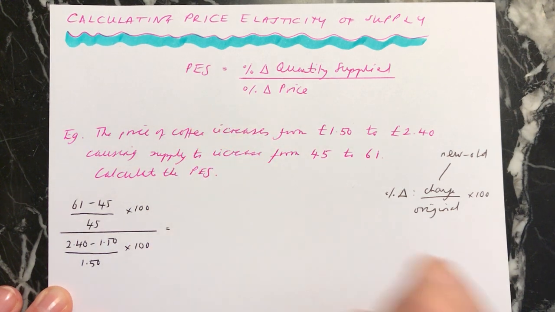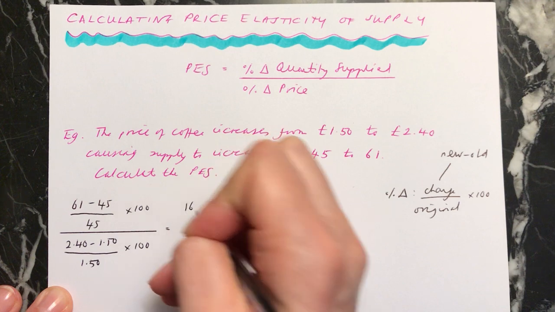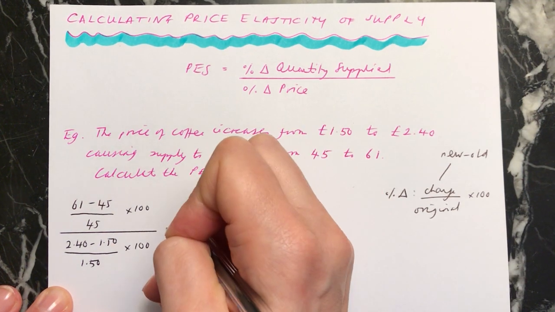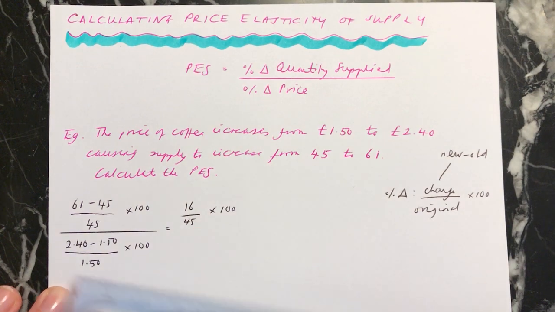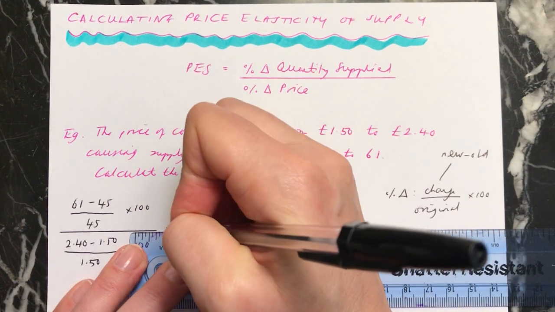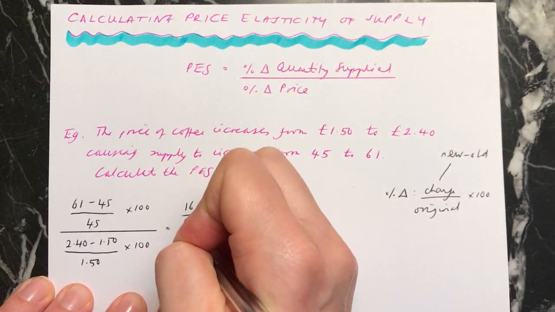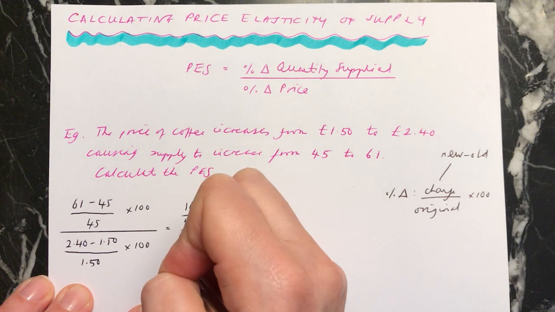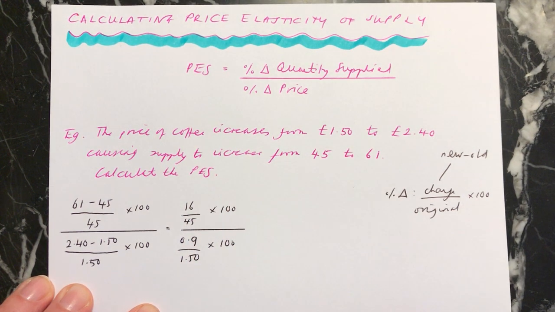And then if we work this out, this works out as 16 divided by 45 times 100, and the bottom line, when you work out your change, your new minus your old, that's 0.9 divided by the original, 1.50 times 100.